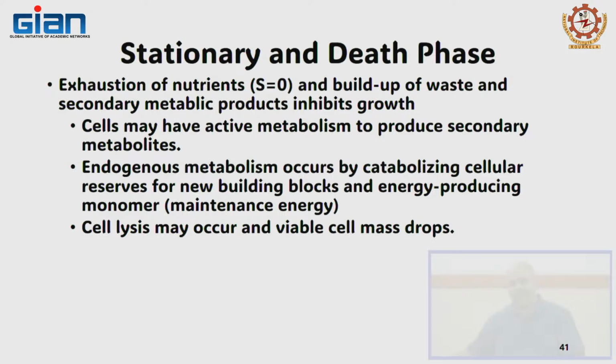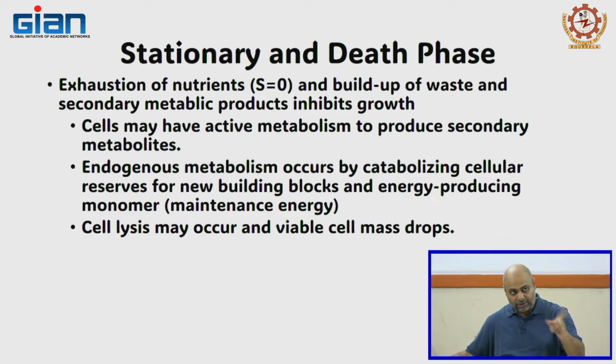Now, stationary and the death phase: exhaustion of the nutrients, that means your S has been consumed completely, and the buildup of the waste and the secondary metabolic products inhibits the growth. The cells may have active metabolism to produce secondary metabolites, that is where in the stationary phase it happens.